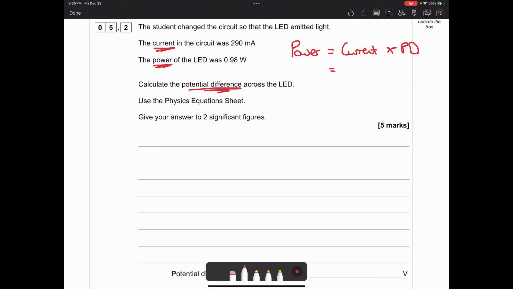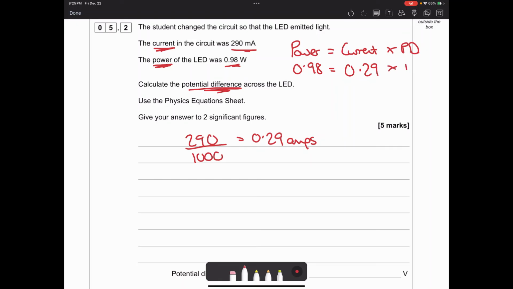My current in my circuit is 290 milliamps. Now what should be jumping out at you straight away: we don't use milliamps in equations, we use amps. There's 1,000 milliamps in an amp, so 290 divided by 1,000 gives me 0.29 amps. So my current should be 0.29. My power is 0.98.